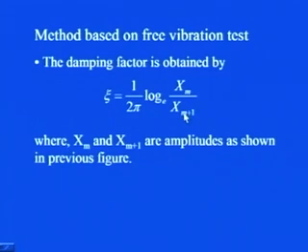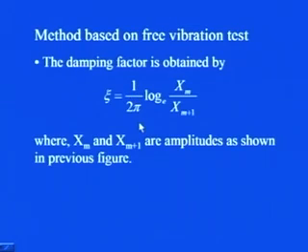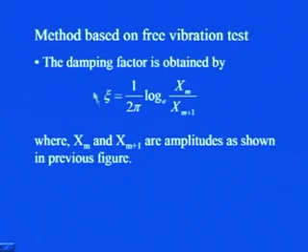Or let us say if you have 3 peaks, xm minus 1, xm and xm plus 1, either you take these two or these two, it is one and the same thing, where xm and xm plus 1 are the amplitudes, like I have shown you here. This is xm plus 1, this much amplitude, and this much amplitude is xm. So, using this expression you can determine the damping factor, which is a measure of damping.